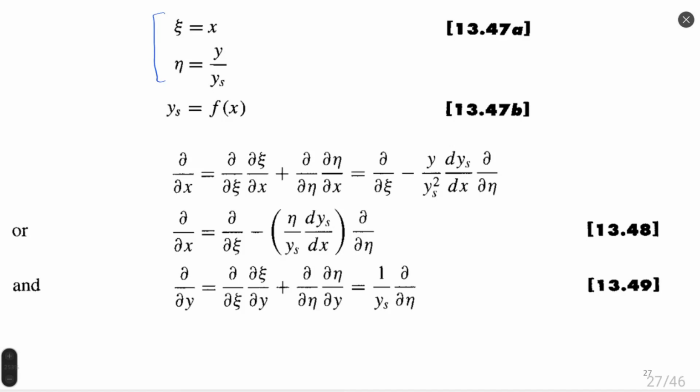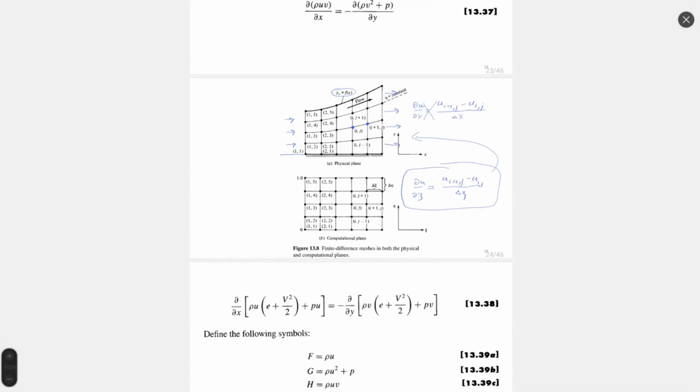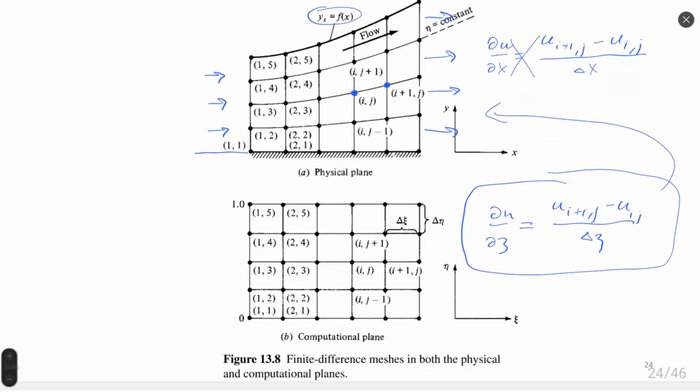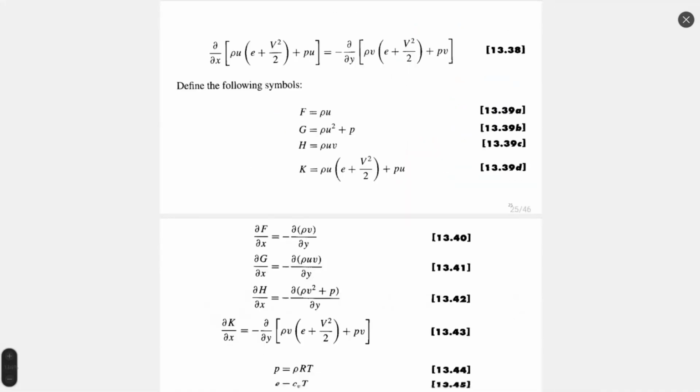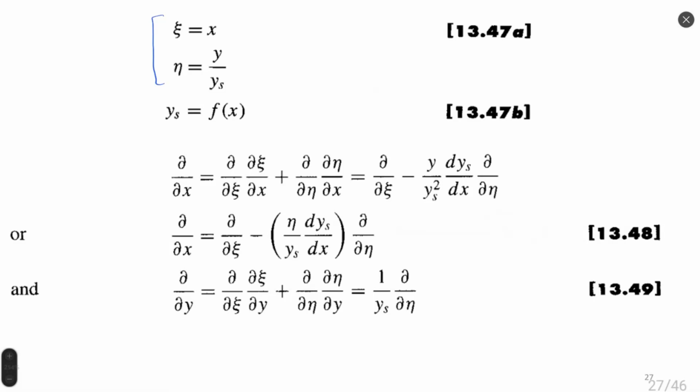According to the direction of the nozzle, x would be the same as xi. Linear dimension is not changed because the physical plane and computational plane have equal spaces in the x direction and xi direction. And between the eta direction and y direction we have a relation which describes the shape of the nozzle.